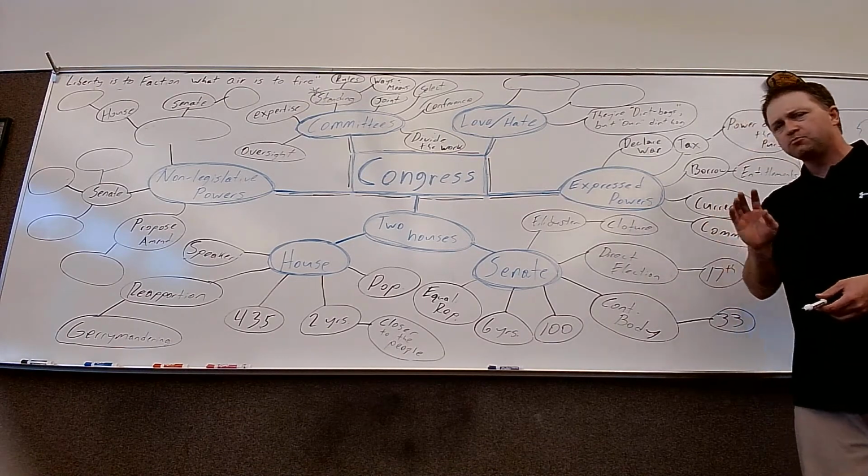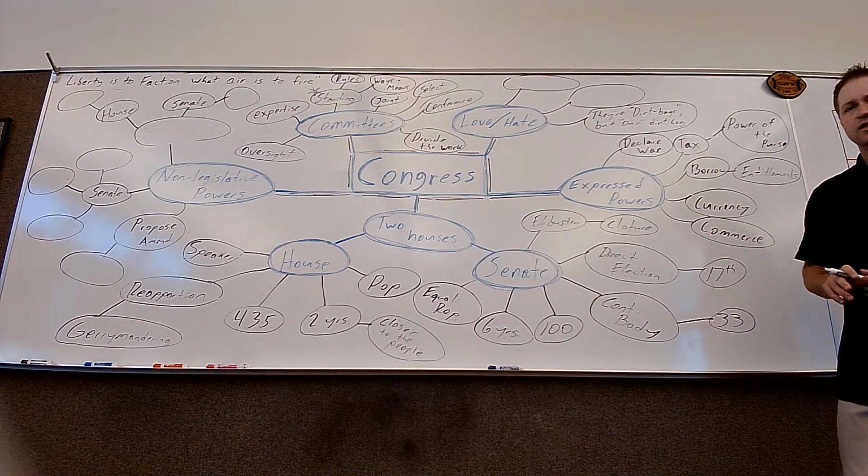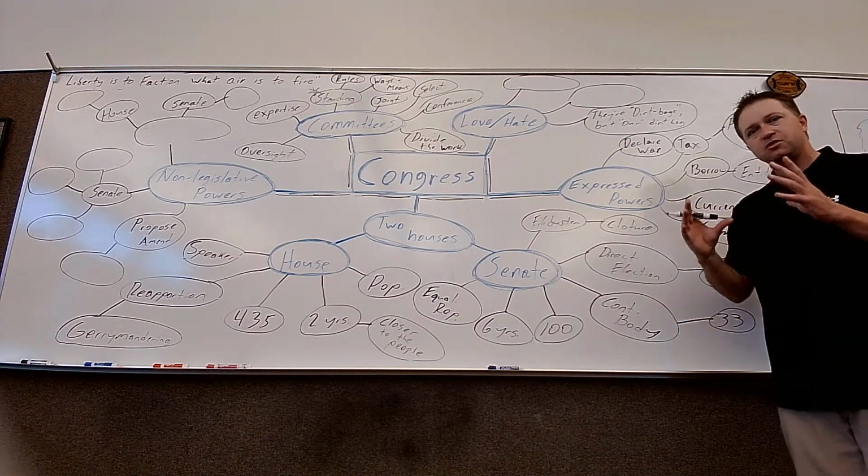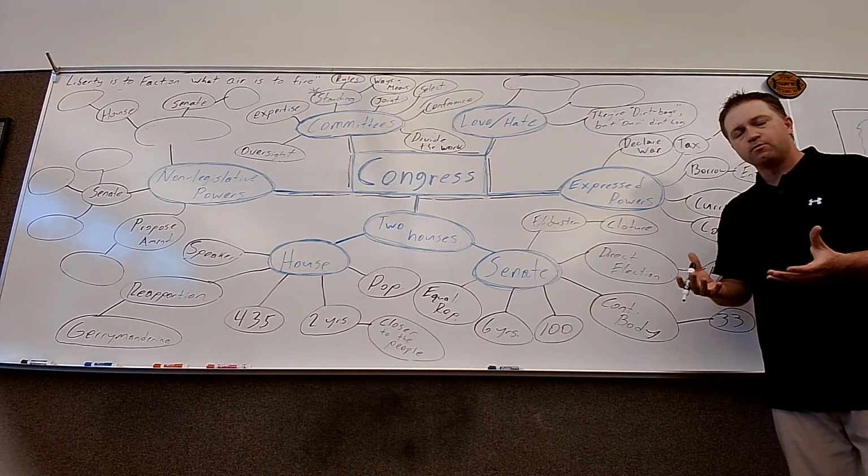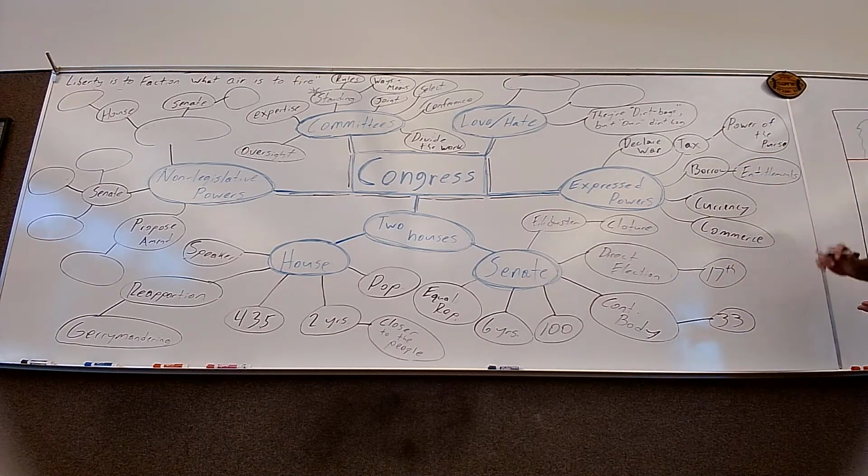Okay, there are some programs that take up the biggest piece of the spending pie for our budget, and those things are entitlements like Social Security, Medicare, Medicaid. Those programs are more expensive than any other program that we have in the United States, including the military.